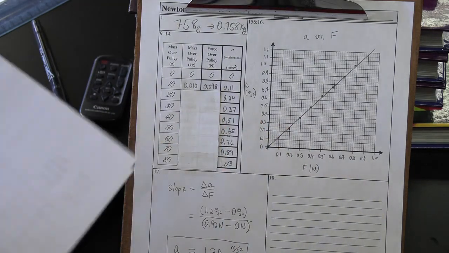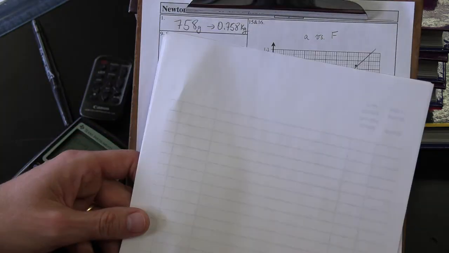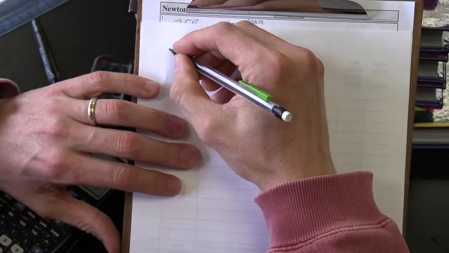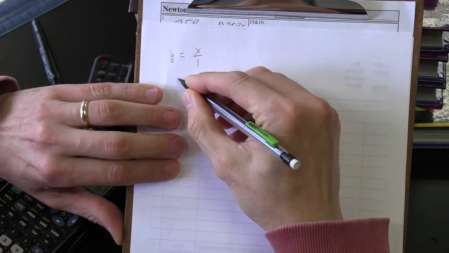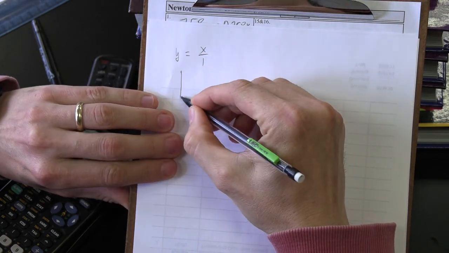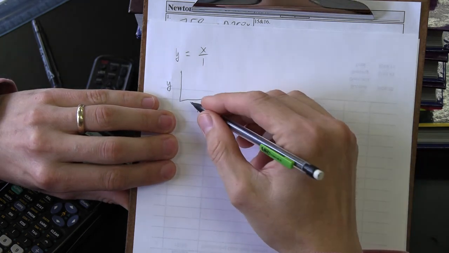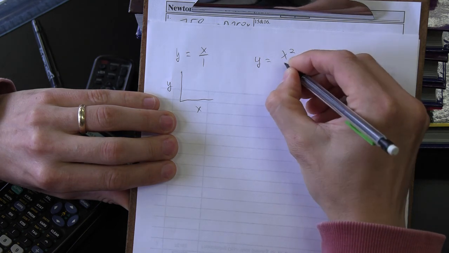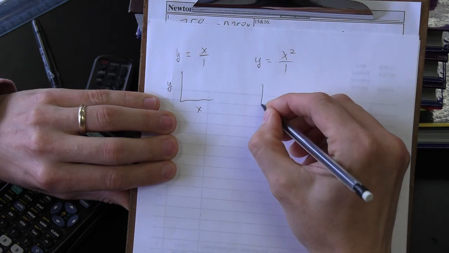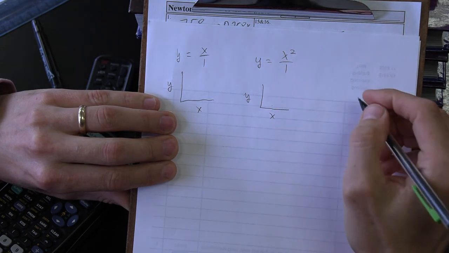Again, use your Texas Instruments calculator to help you. Try this: y equals x over 1. Plot that on your calculator with y over here and x over here. What does that look like? Then try y equals x squared over 1. Plot that on your calculator and see what that looks like.